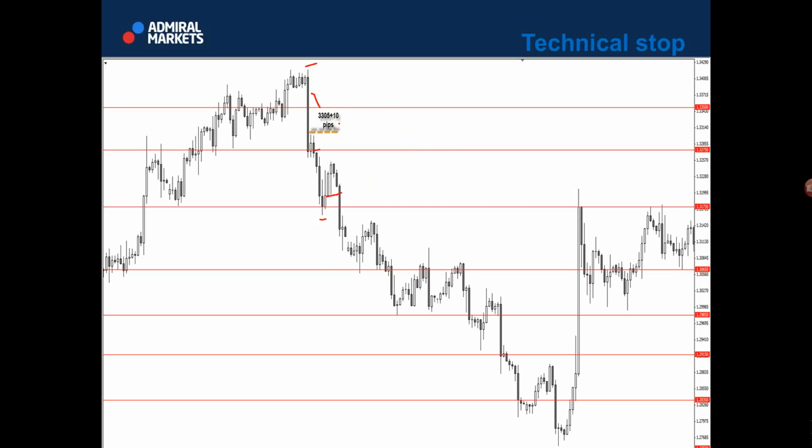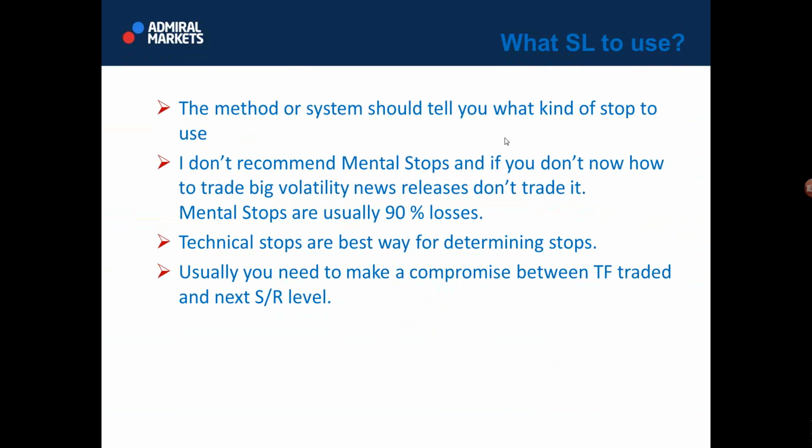I usually use 5 plus something. So I would use 5 pips below this candle. I don't go with 2, 3. I usually place the stop 5 pips below the candle. Later I will also tell you about the combination of fixed and technical stops, how I use it. I will show you on a real chart.